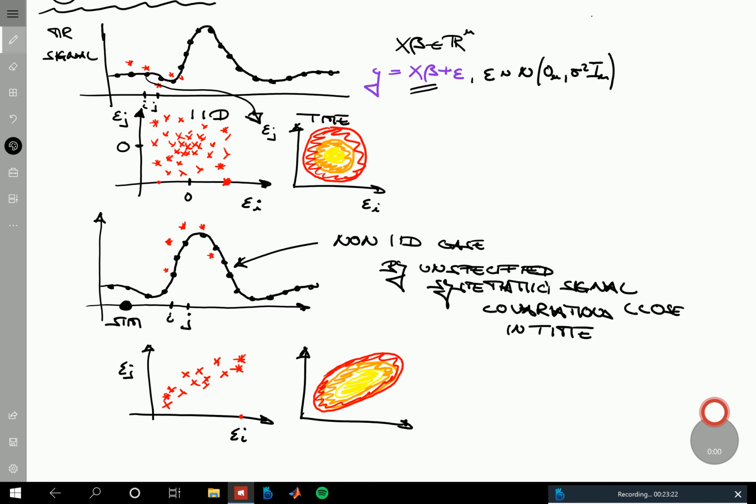Yeah. The thing is, it's not only the breathing, it's also the heartbeat, it can be motion artifacts. So the idea is that there are many things that can induce correlations in the error terms, not all of which can be recorded.